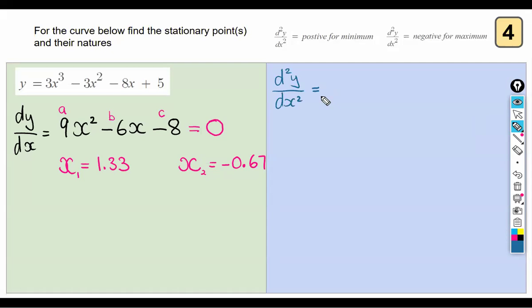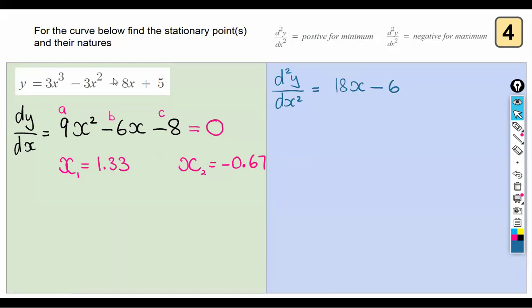That should be easy. You can do that one in your head. Anybody getting this? 18x minus 6. How's that looking? 18x minus 6. You throw the 2 in front, right?